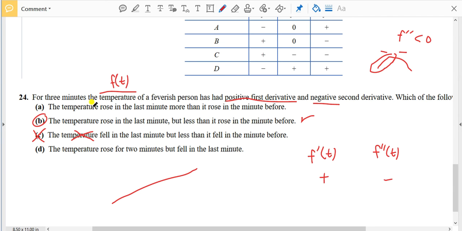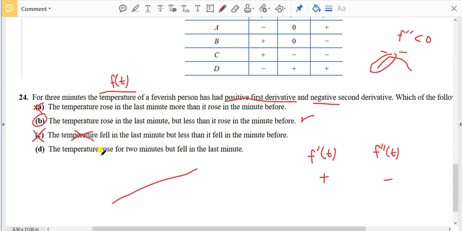If you check back to part A, it's saying that the temperature is rising in the last minute. However, it's more than it rose in the minute before, which is not correct. For concave down, it means that the function is rising at a slower rate as it moves forward. So A is not correct.